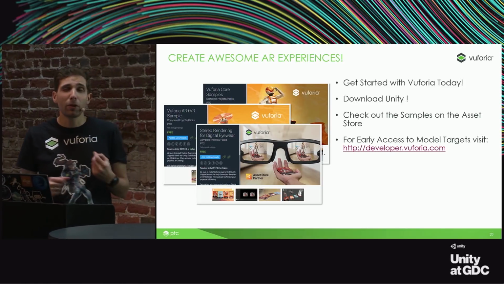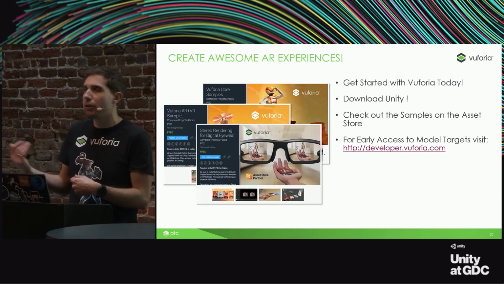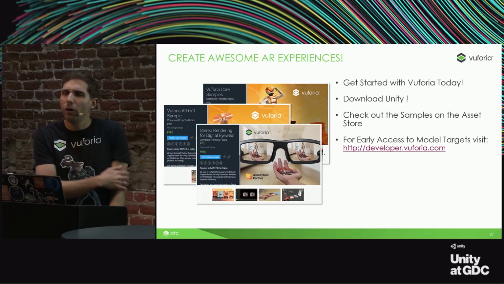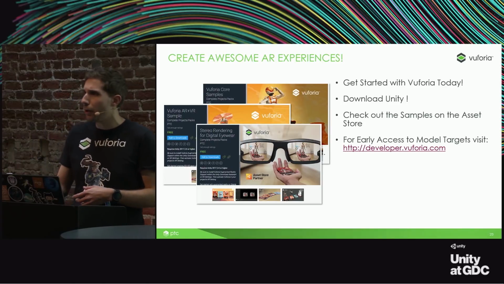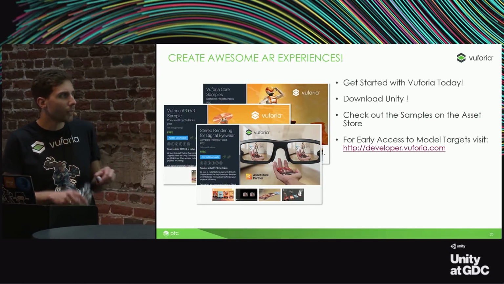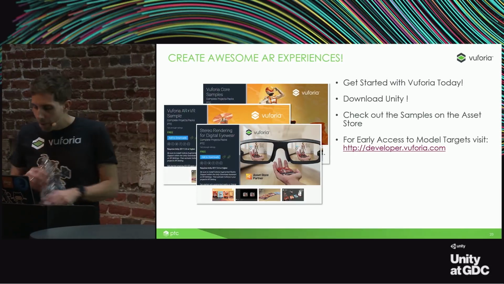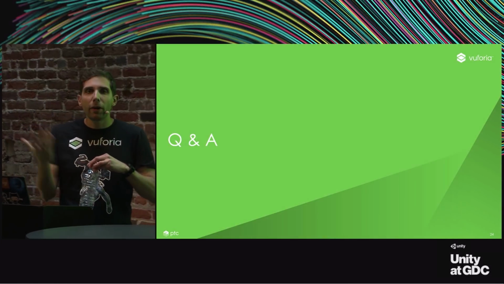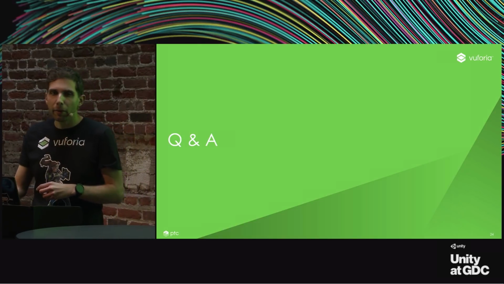Right now, we're doing something really cool with our next generation of model targets. For those of you who are interested in it, check it out. And we should have some new announcements coming out in the next several weeks. And I think that's kind of it. I'm going to open up for Q&A. Anybody who has any questions?